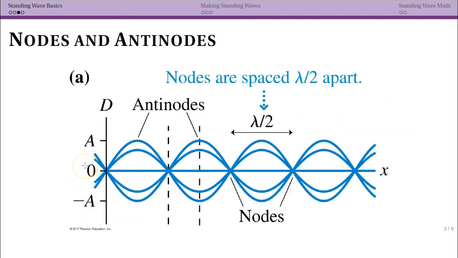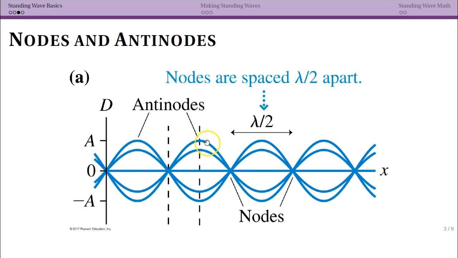So one of the important things to understand about the terminology are nodes and antinodes. Nodes are where it's 0, and in that case it's always staying 0. There are going to be certain moments in time where the wave is back at equilibrium. However, these special locations, the wave is always at equilibrium. You have zero displacement here at all times.